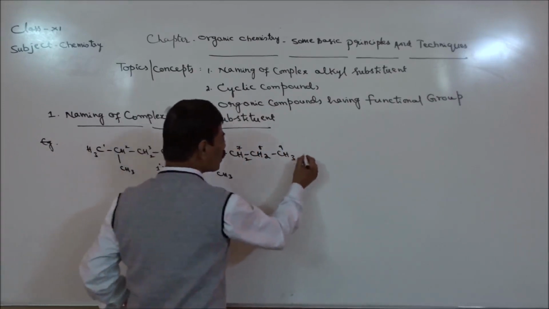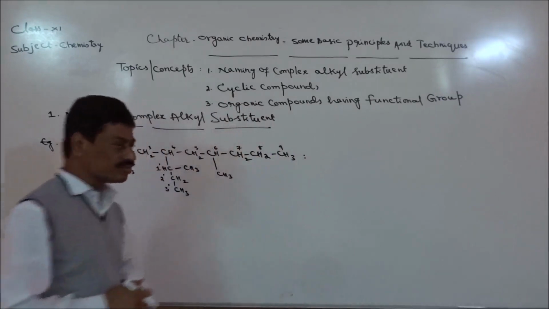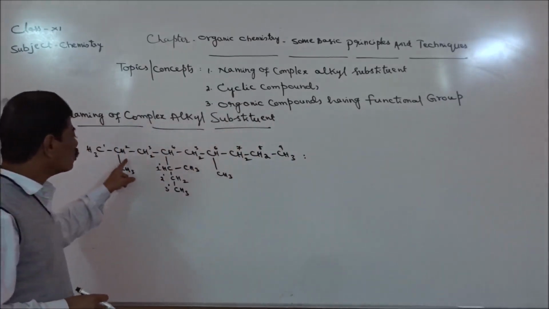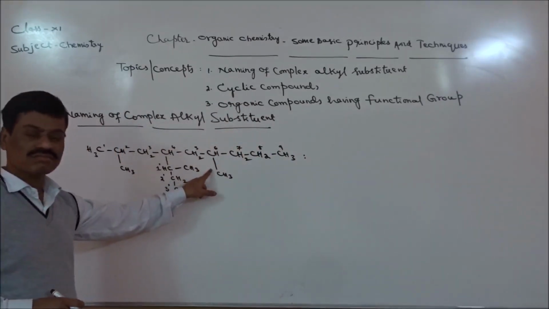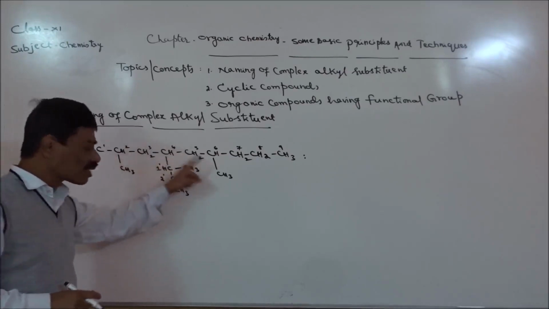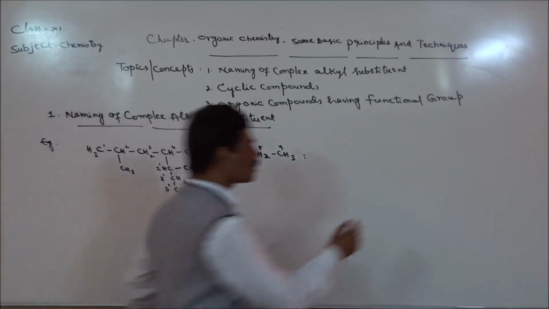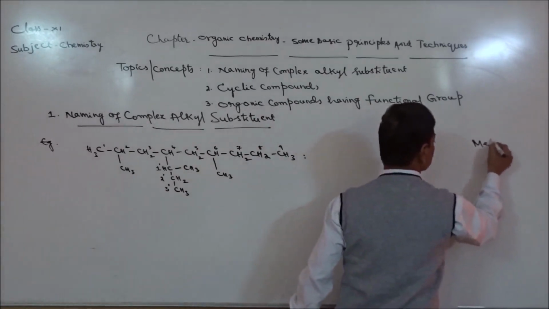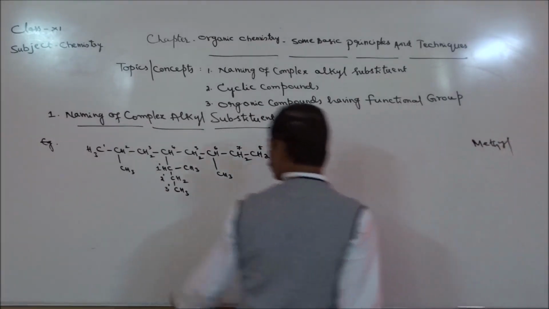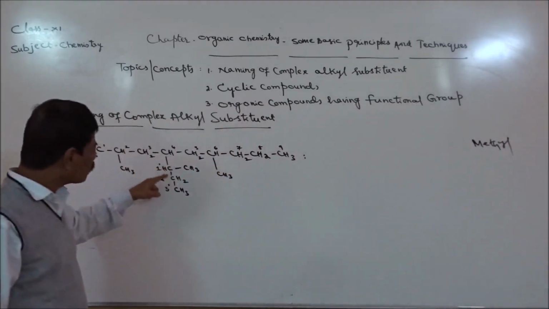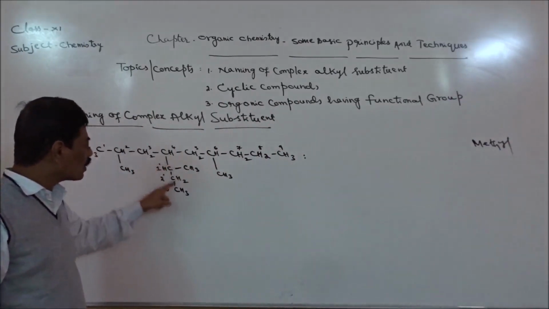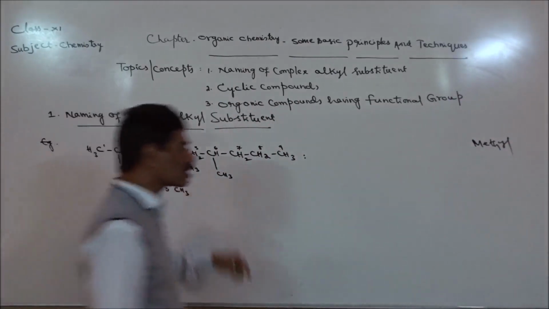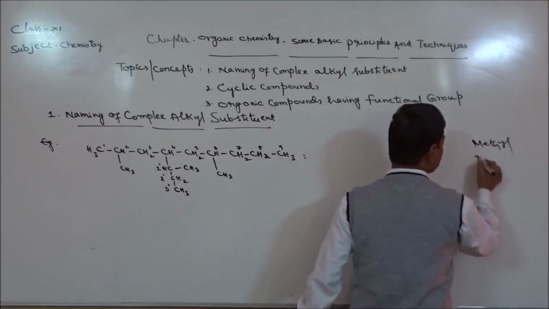Now, how to name this compound? Here, 2, 6 are the carbon atoms to which a methyl group is connected. So, methyl. Now, to the fourth carbon atom, a substituent containing 3 carbon atoms is connected. So, it is propyl.